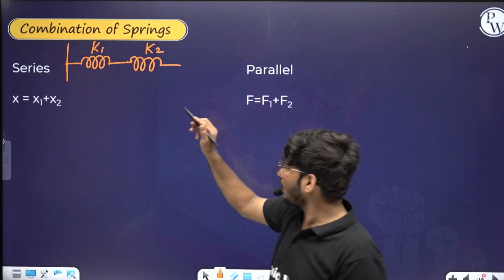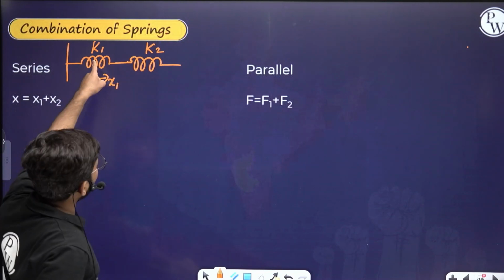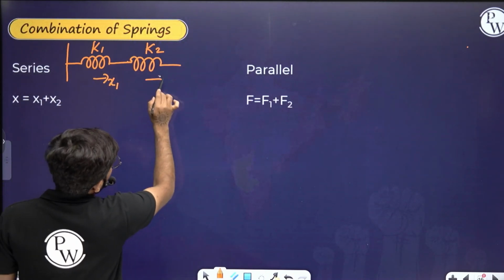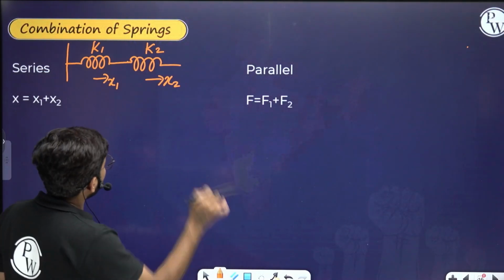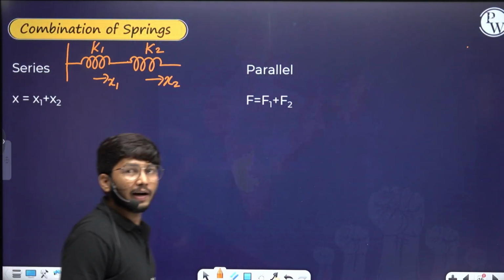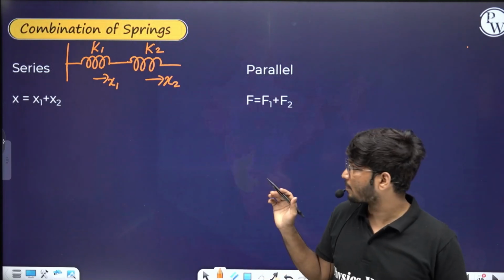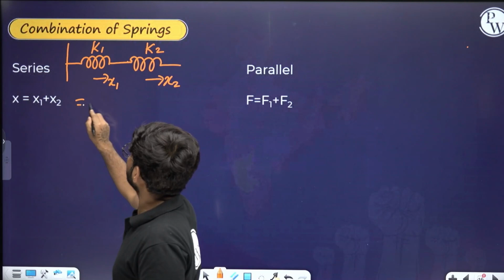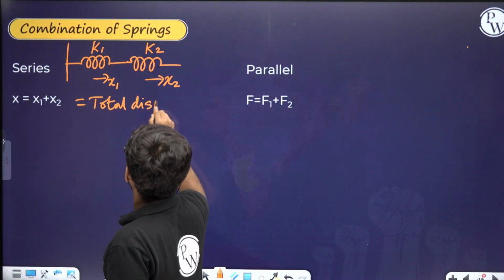The displacement in spring 1 is x1, let us say, and displacement in this one is x2. So the total displacement is x1 plus x2.